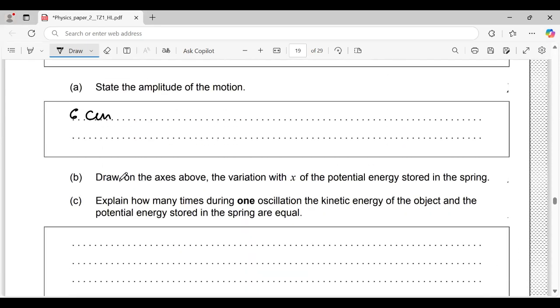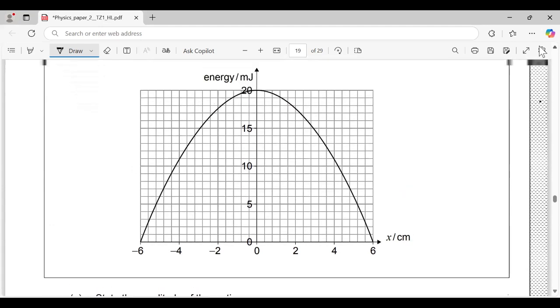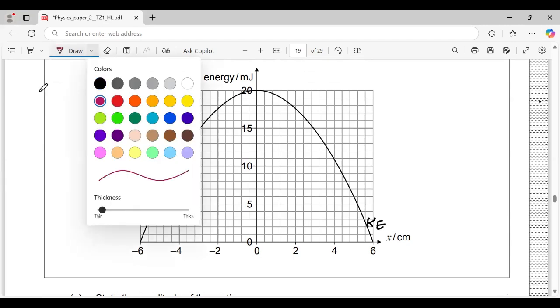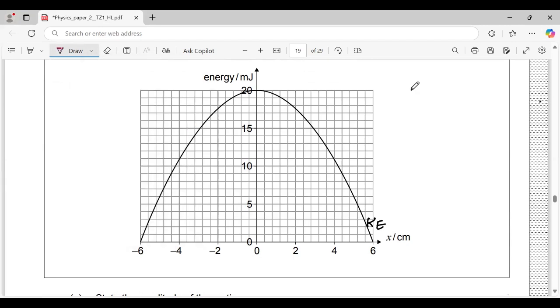Draw on the axis above the variations with x of the potential energy stored in the spring. Okay, so this is the graph of kinetic energy, and the potential energy I'm going to sketch like this.